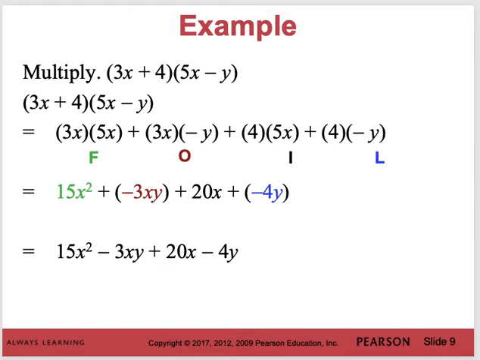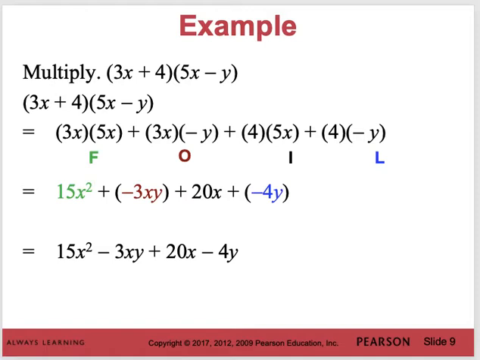Here's a separate example using the FOIL method. Multiplying our first terms, 3x times 5x, our outside terms, 3x times negative y, our inside terms, 4 times 5x, and our last terms, 4 times negative y. Combining like terms, in this case we have none because x squared is not the same as xy, which is also not the same as x or y individually.